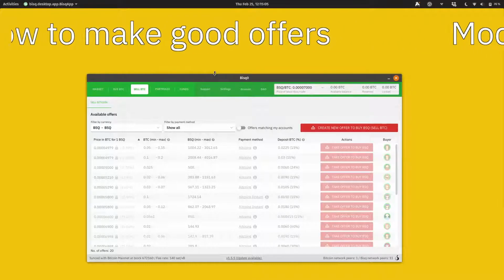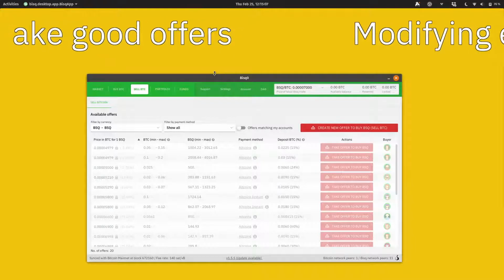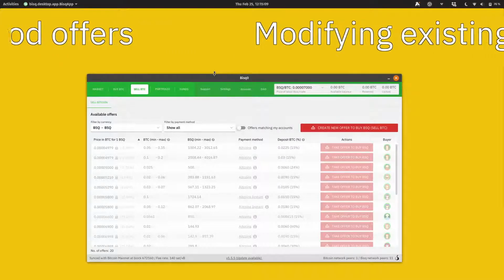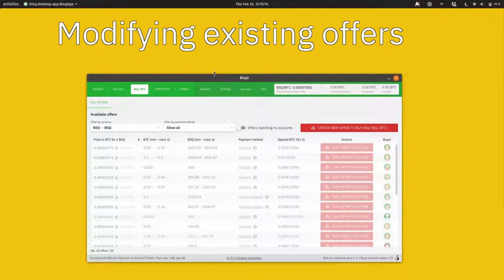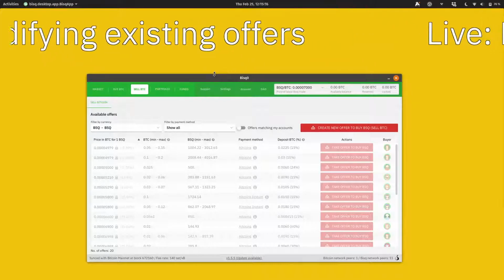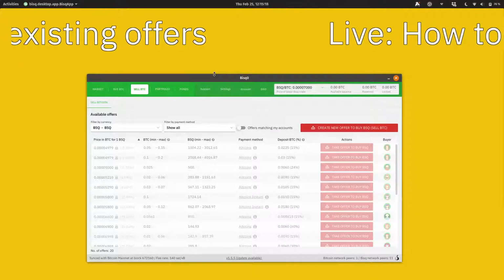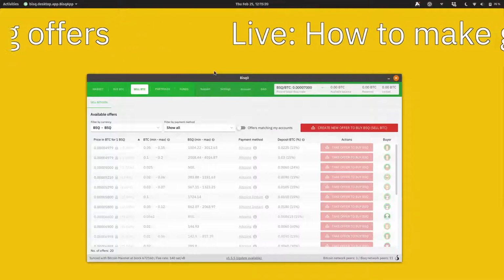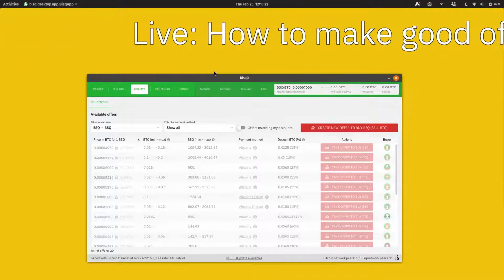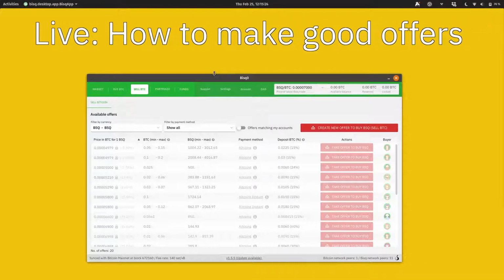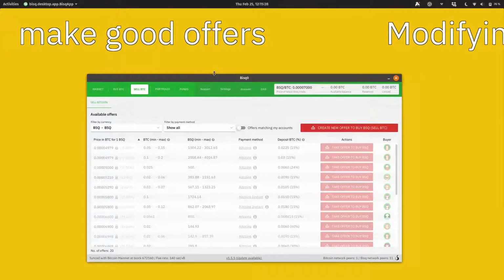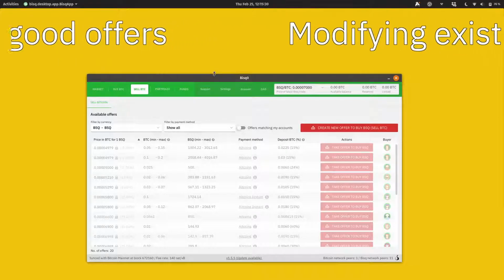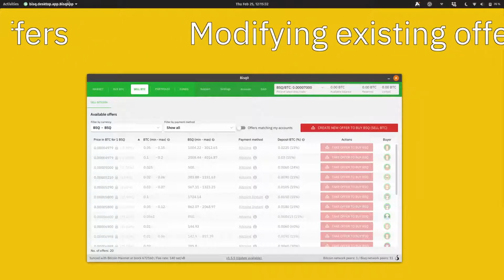Can you help us figure out how to break even as a maker? What percent should the maker change the price in order to break even? I think that depends a lot on, let's see, yeah, I'm not sure there's a way I can explain how to break even as a maker.